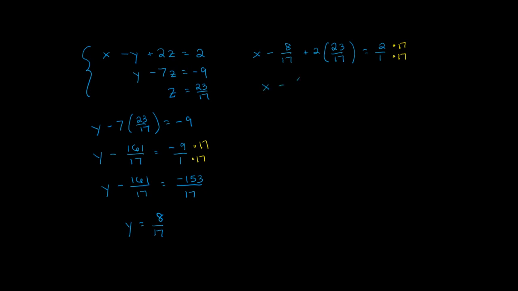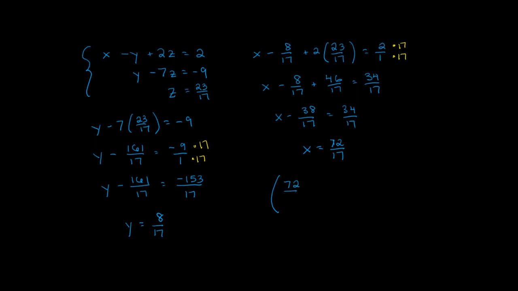So x minus 8 over 17 plus 46 over 17 equals 34 over 17. Simplify the left. Oops. That gives us x plus 38 over 17 equals 34 over 17. And then 34 plus 38, we get 72 over 17. I don't believe that reduces.